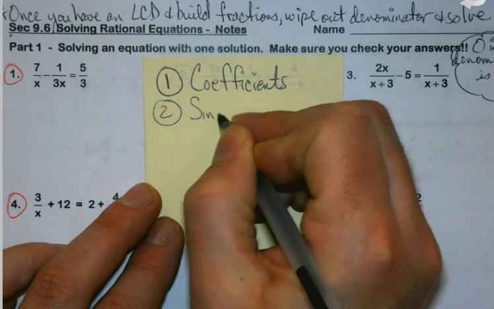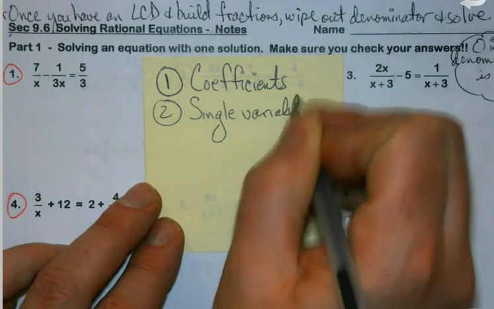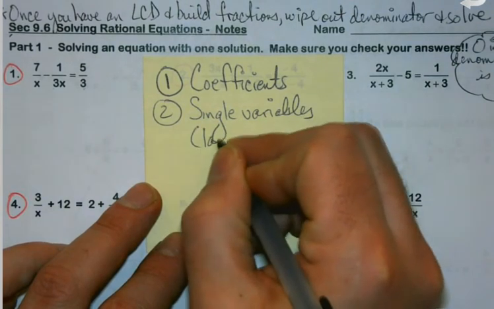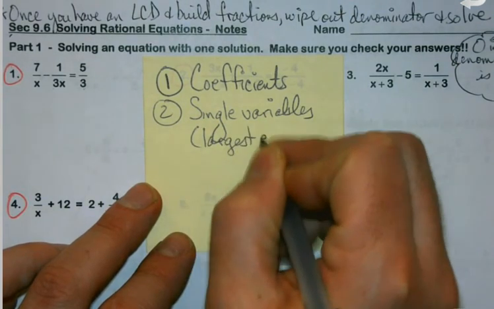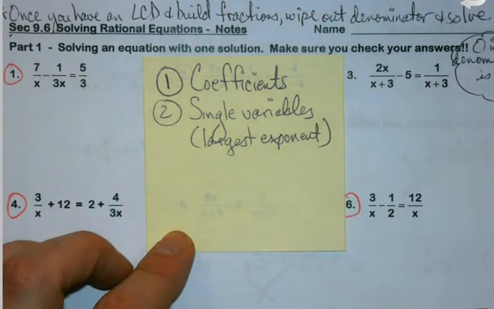Once you've done that, you go on the lookout for single variables. And if you find them, again, ones that aren't bonded with a plus or minus, we want the biggest one as part of our LCD.